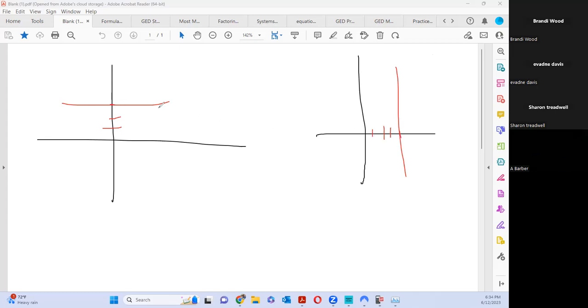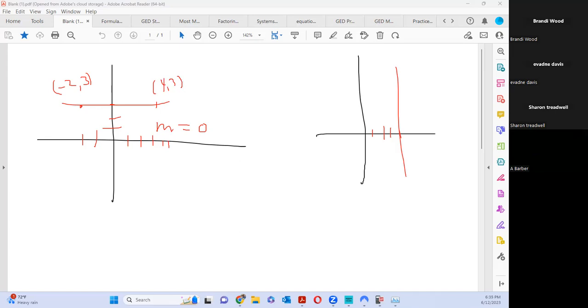So right here, you have a horizontal line. What I say is the slope is 0. How do you know that? Well, I'm going to prove it right now. I'm just going to make some points up. This is minus 2, 3. This point here is, let's call this 4, 3.